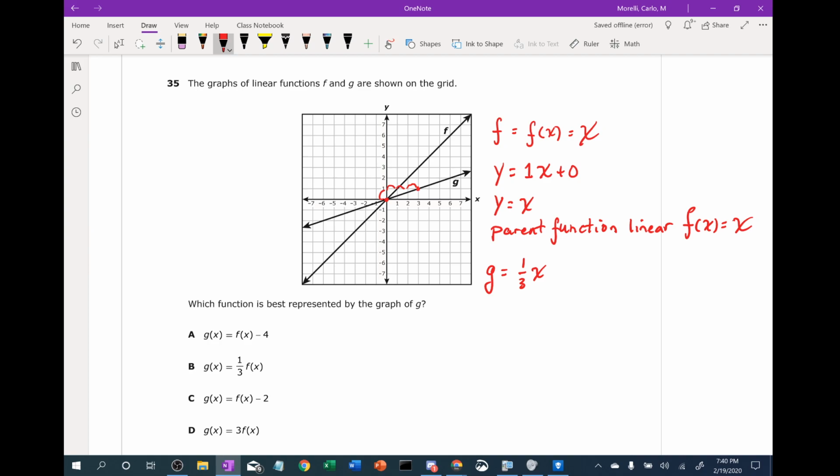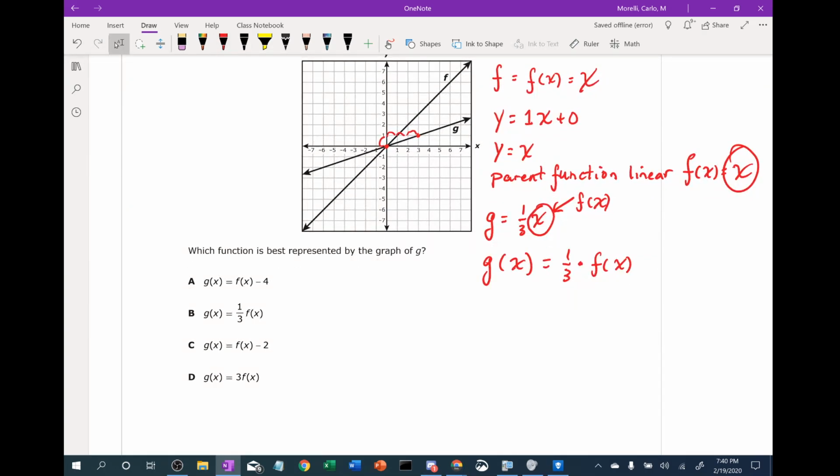Well, remember, x was f of x, because f of x equaled x. And so we would say g of x equals 1/3 times f of x.